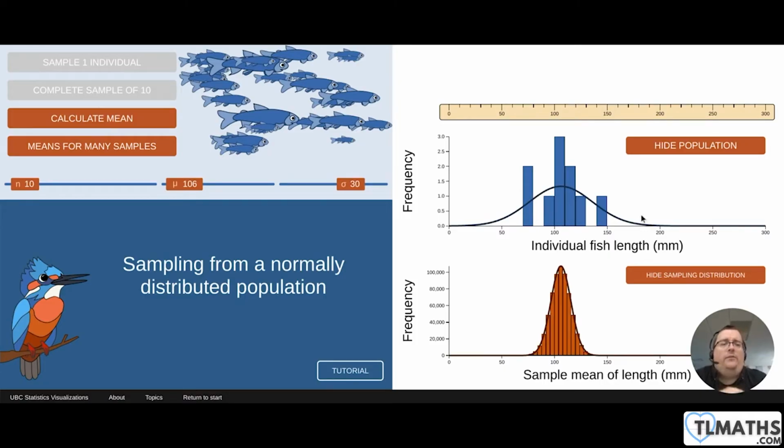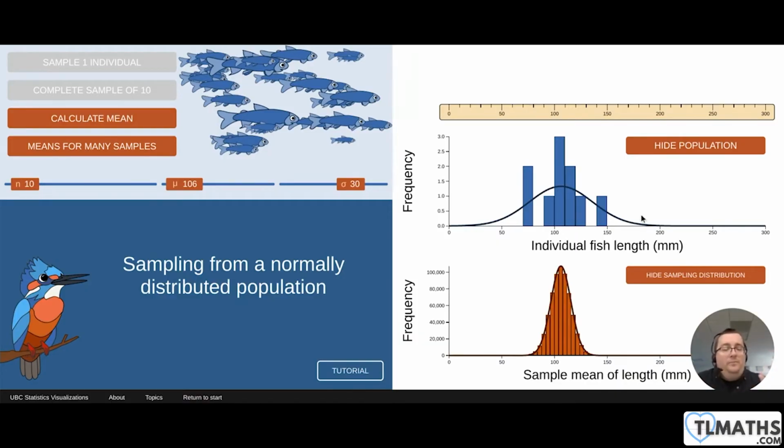But the thing is that because you're taking a sample of 10 and you're adding up all those lengths and dividing it by 10, those outliers are having less of an impact on the overall mean of the sample. So the larger the sample size is, the less those outliers will make an impact because their lengths are getting averaged out.